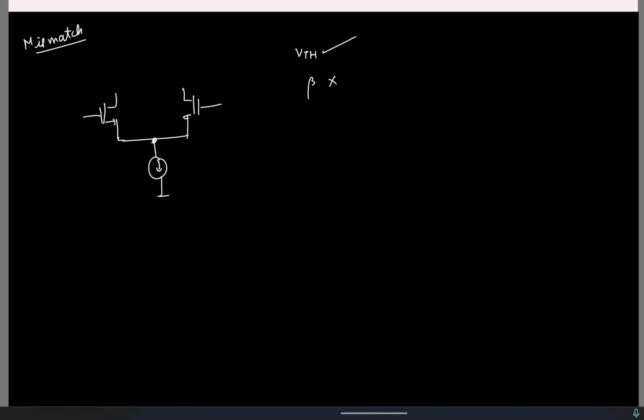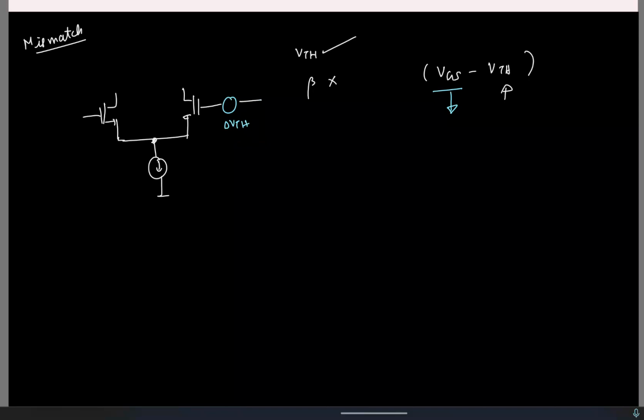If you have mismatch in the threshold voltage between two transistors, how can I model it? Always remember that the transistor functions on VGS minus VTH. Any change in the threshold voltage can be modeled as an equivalent change in the gate to source voltage. I can consider that the threshold voltage is the same, but the gate to source voltage is different. So if these two transistors have different threshold voltages, the easy way to model it is to assume they have the same threshold, but there is some delta Vt added at the gate.